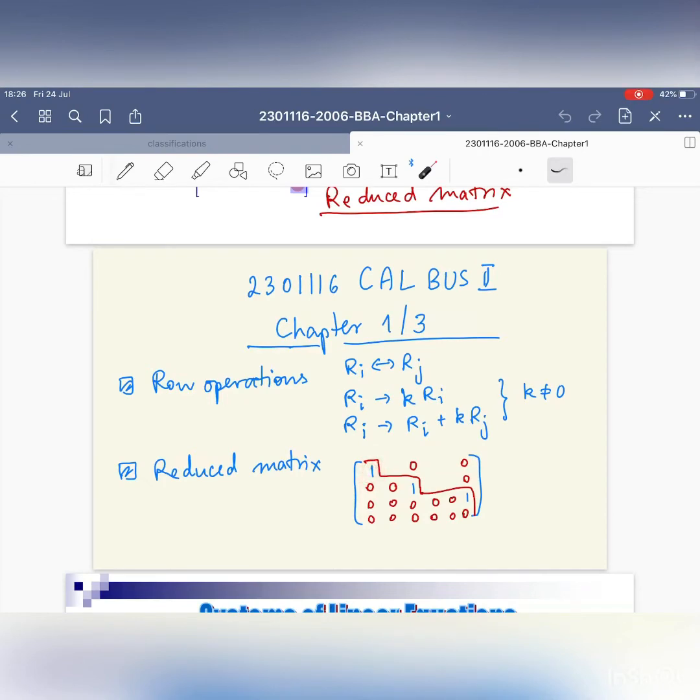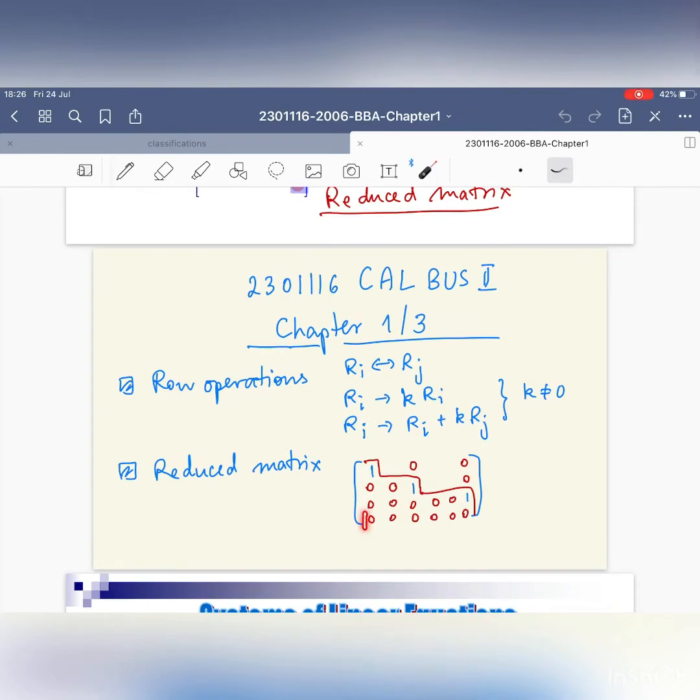It must be 1, and the rest in that column must be 0. If you look at your second row, you look for the first non-zero element, the rest must be all 0. You look at the third row, you find the first non-zero element right there must be 1, and then the rest in this column must be 0.